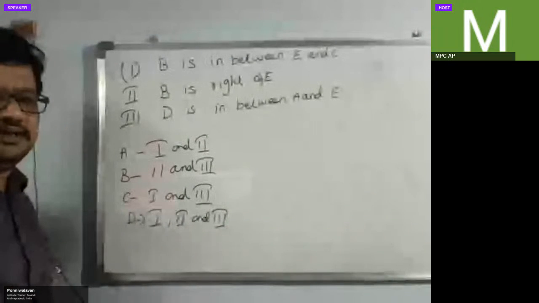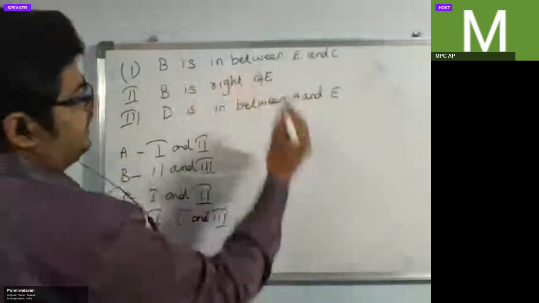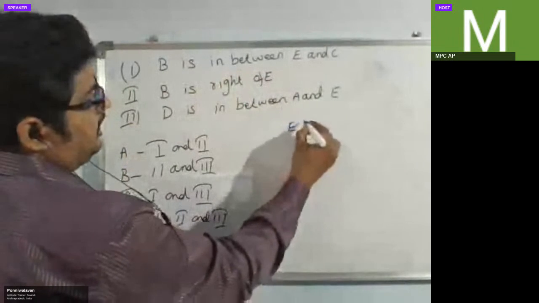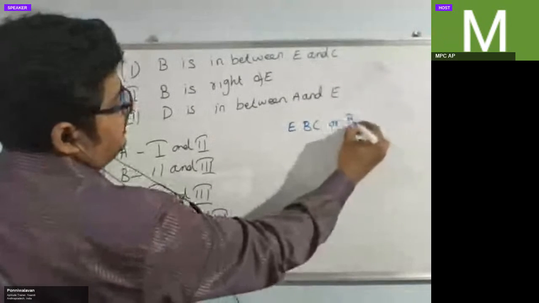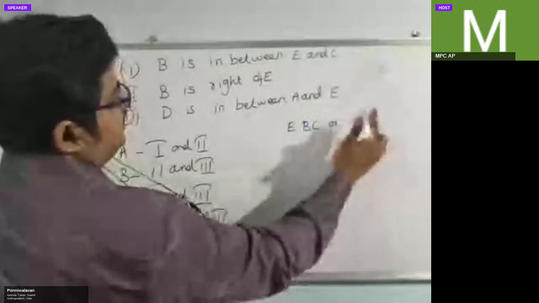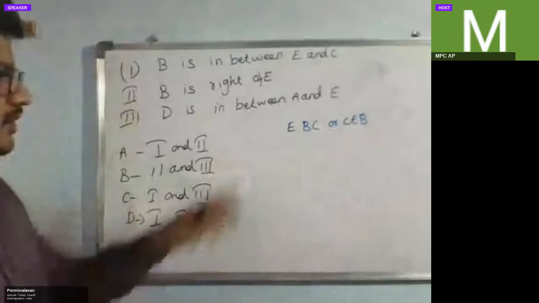Okay, listen. What is the first choice? B is in between E and C, so it may be EBC or CBE. Two things are possible.